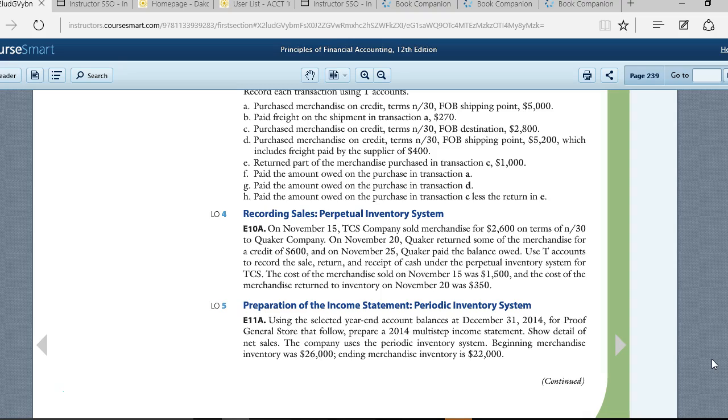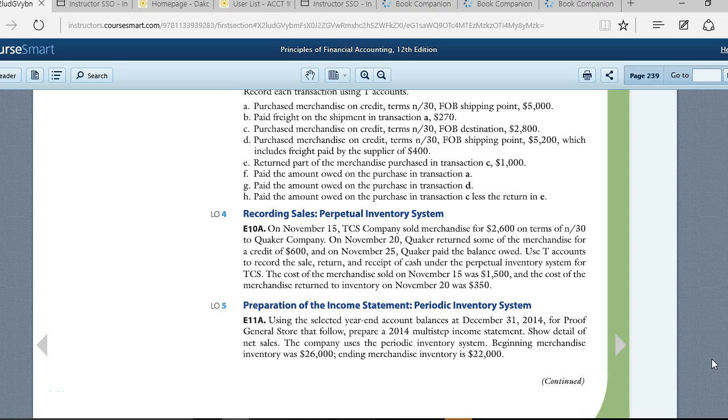We're going to use T accounts to record the sale, the return, and the receipt of cash under the perpetual inventory system for TCF. The cost of the merchandise sold on November 15th was $1,500, and the cost of the merchandise returned to inventory on November 20th was $350.